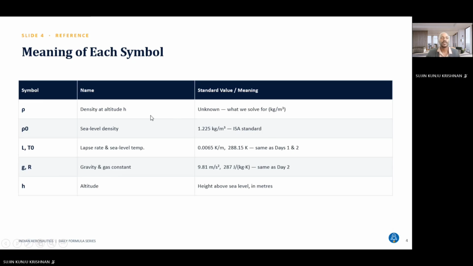Rho, density at altitude H, is what we solve for. Then Rho 0, L, T0, G, R, and H.